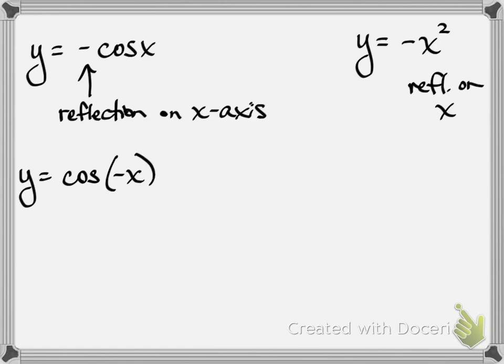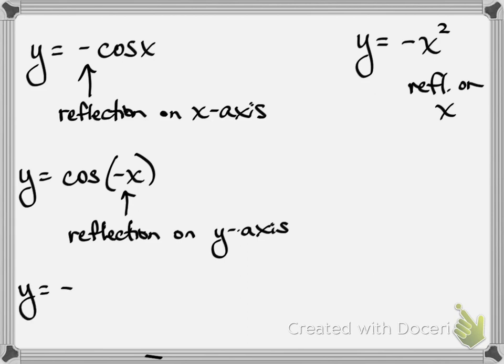If it's in there with the x, where the negative's in there affecting the x, that's a reflection on the y-axis. I honestly don't even know if we'll have any of those that we'll graph. Mostly we'll just focus on the reflection on the x. So they are nice to graph.